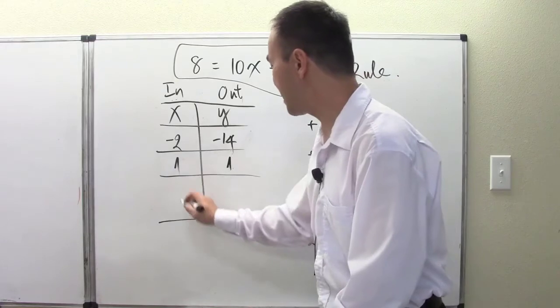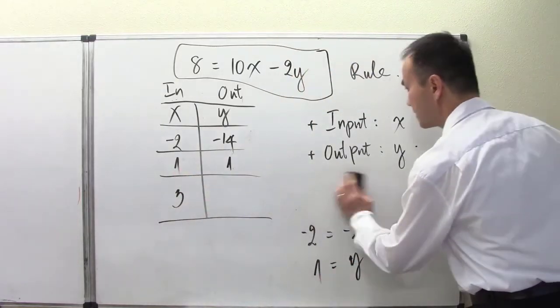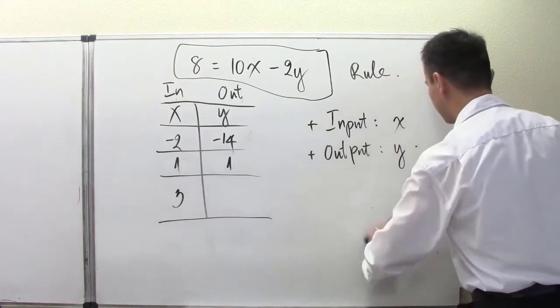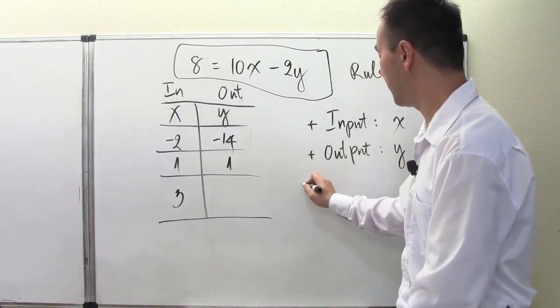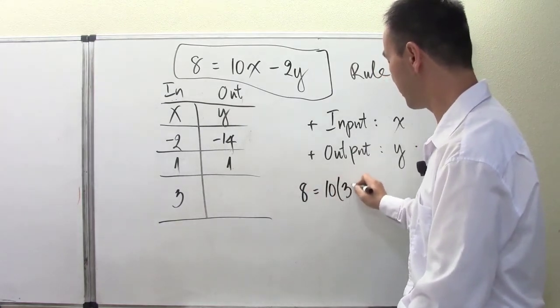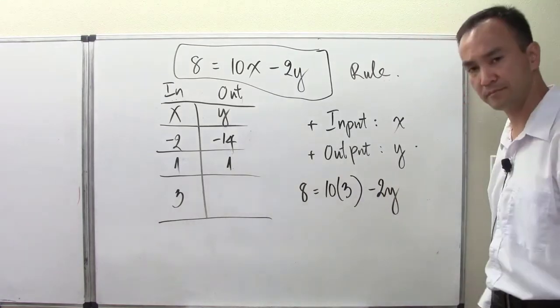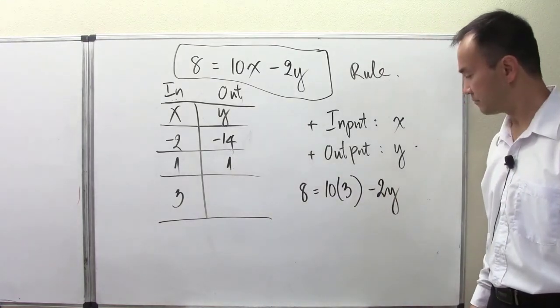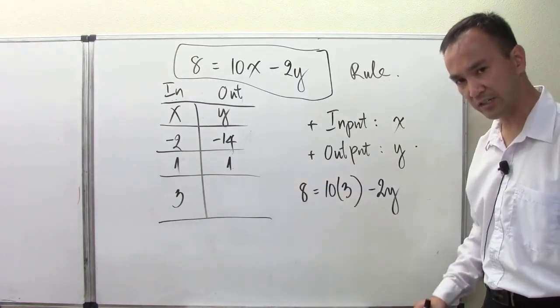Now let's say I'm picking 3 for the x input. So now I'm looking at 8 equals 10 times 3 minus 2y. That's making it a positive 30 right here. I'm subtracting that to the other side.